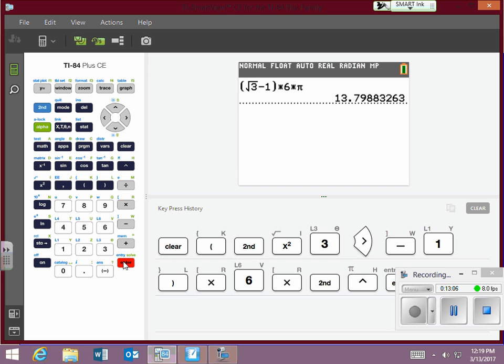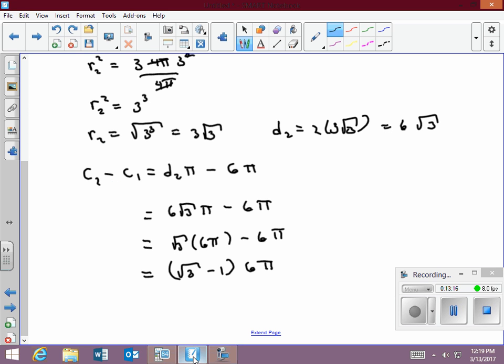So 13, and then round off to the nearest tenth. So it'd be 13.8. It'd be 13.8 times as big.